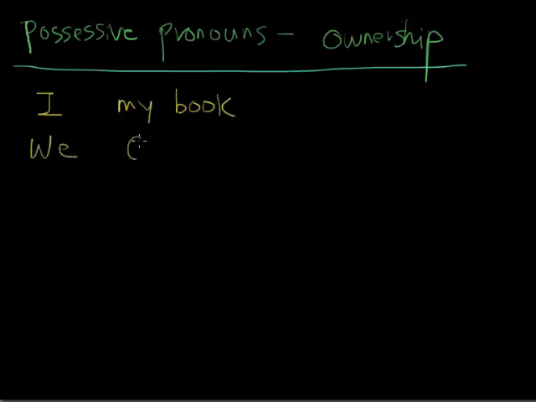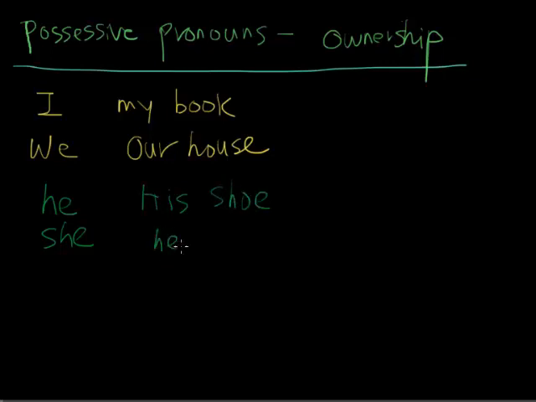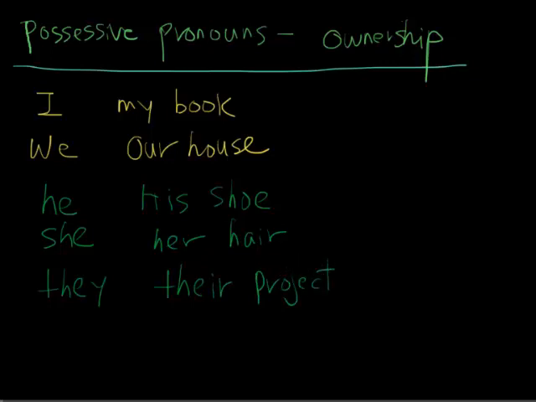Plural, we. Our house. And how about, let's say, he, she, his shoe, her, their, it, its claws.